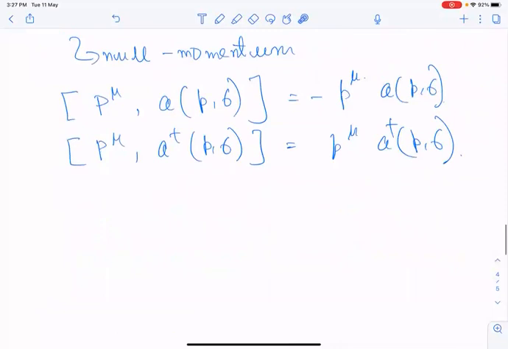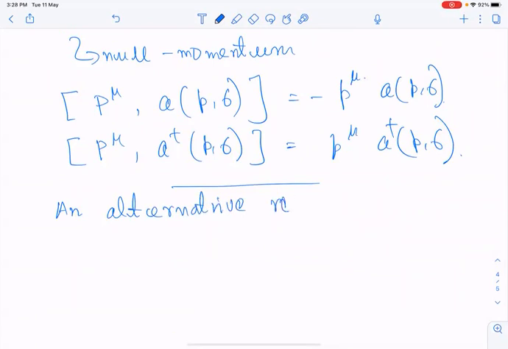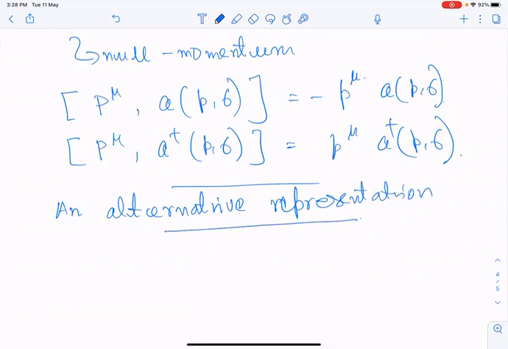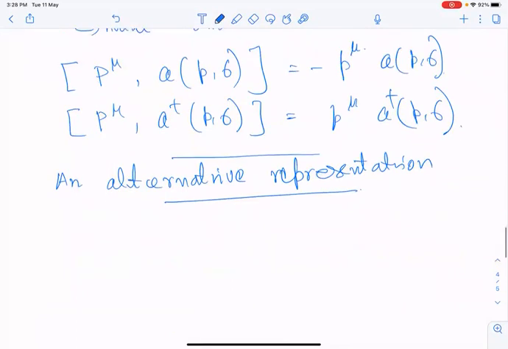Okay, so now an alternative representation. This representation has another important use, which I will mention.